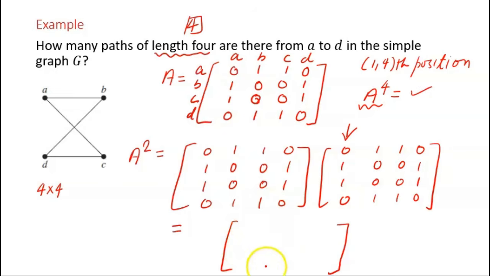To get the second column of the product matrix, I will take the second column of the post factor, the second matrix, and I will multiply it into this matrix. Similarly, to get the third column here, I will take the third column and multiply the whole matrix, and the fourth column will give me the fourth column of this.